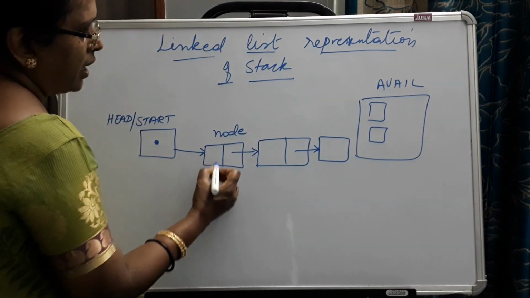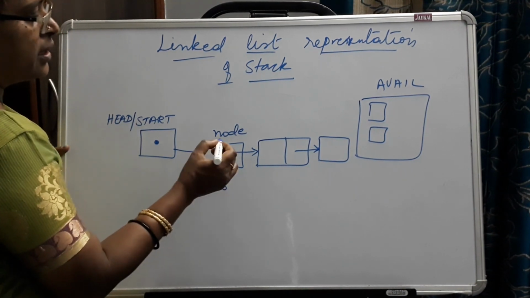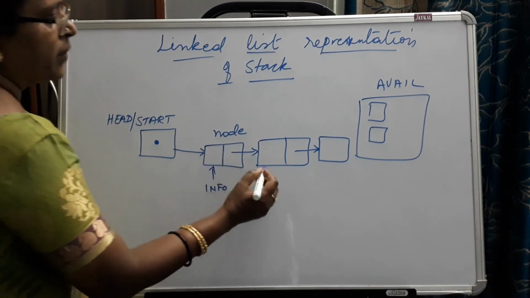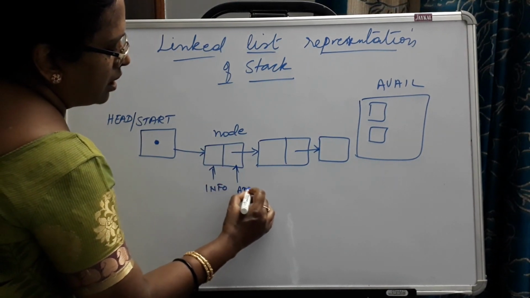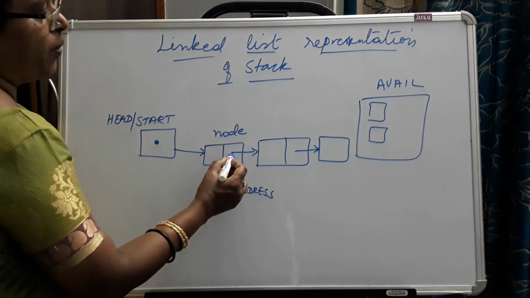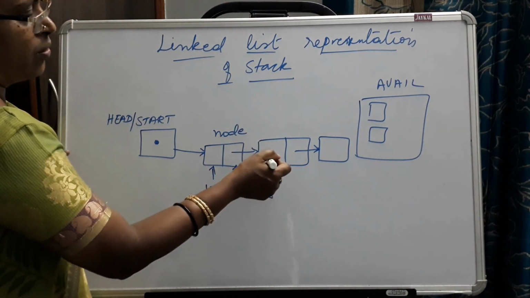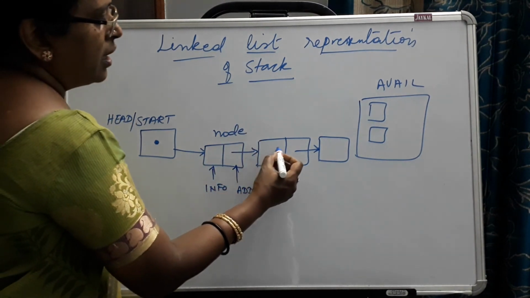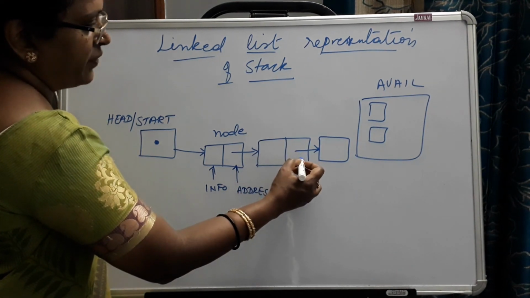Now this is the information node, info node, where we save the data item values, and this is the address part, which is a pointer that stores the address of the next node, and this next node has the same information field and then the address field.